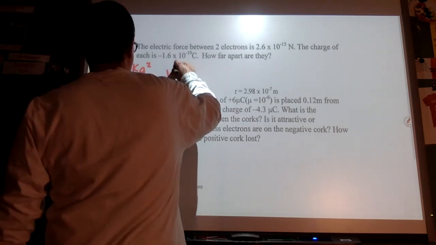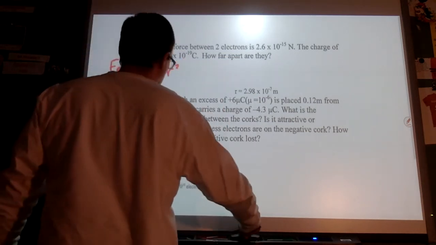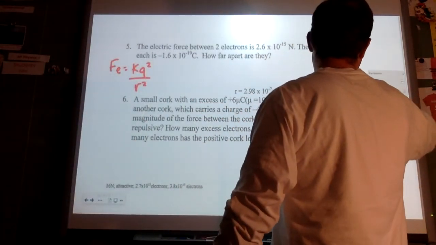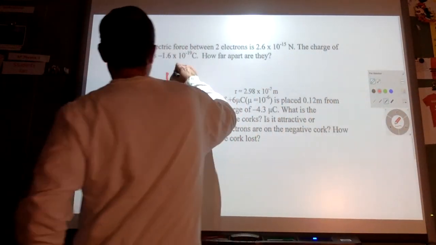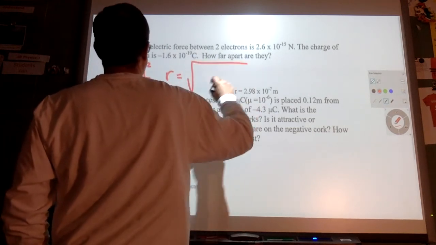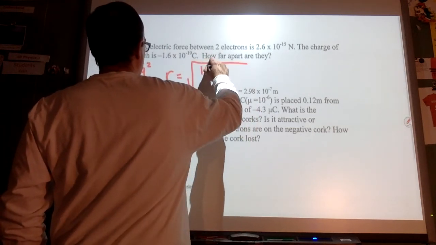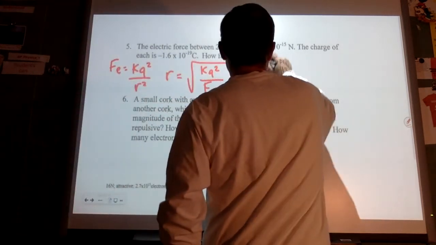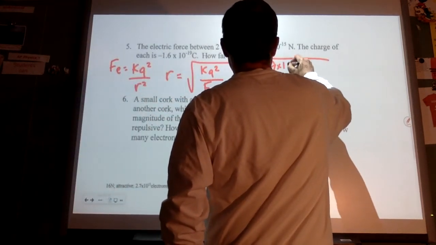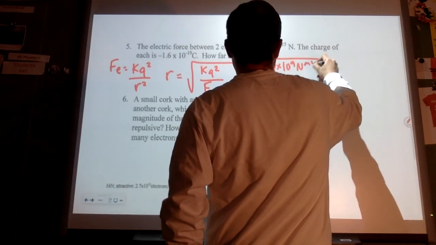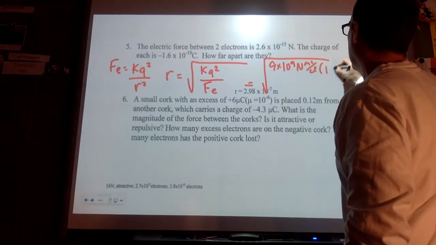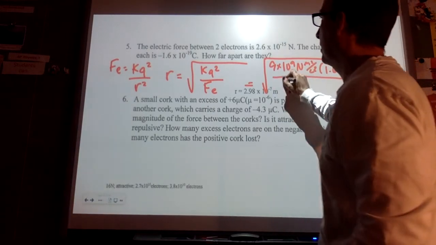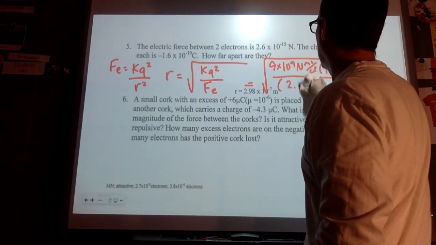And so R would be equal to the square root of K Q squared over F_E. So we have 9 times 10 to the 9th newton meters squared per coulomb squared, 1.6 times 10 to the negative 19th coulombs squared, and put in the force figures.